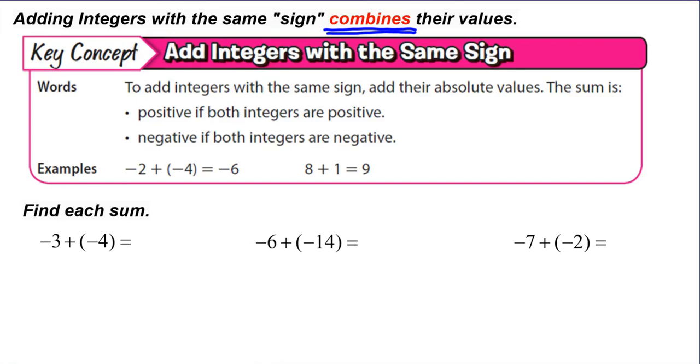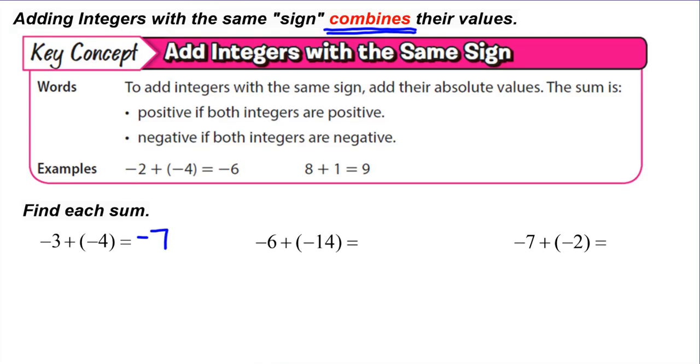So I've got a few examples here to show that. So again, negative 3 plus negative 4. So if I'm moving 3 in the negative direction and then adding another 4 in the negative direction, those values actually combine and help each other, and they move a total of 7 in the negative direction. Next one, negative 6 plus negative 14. These both have the same sign.